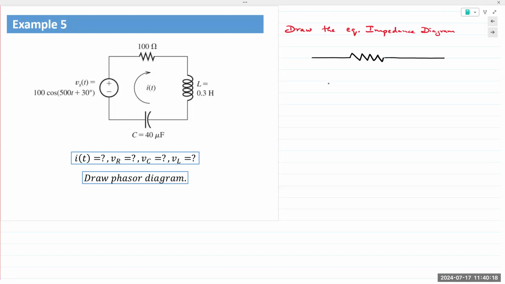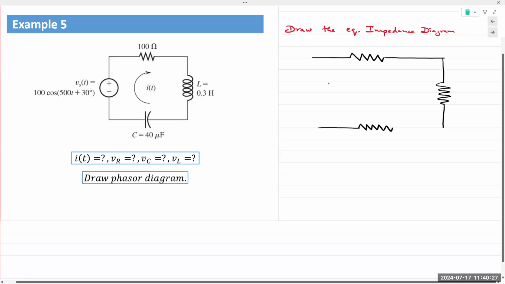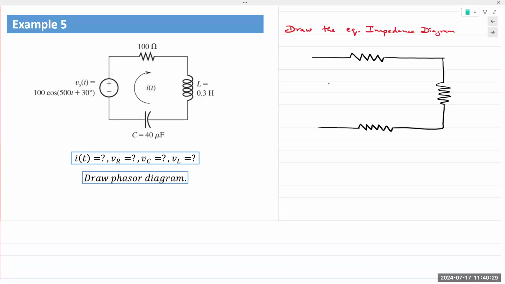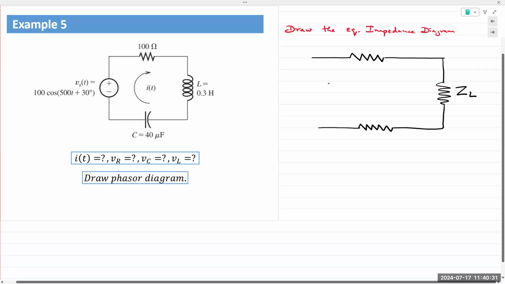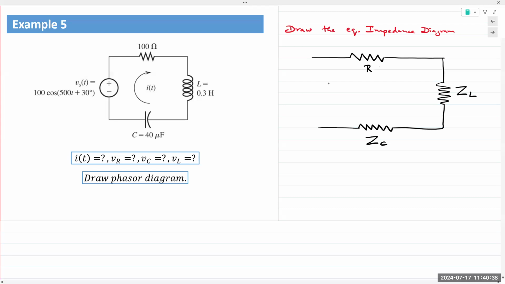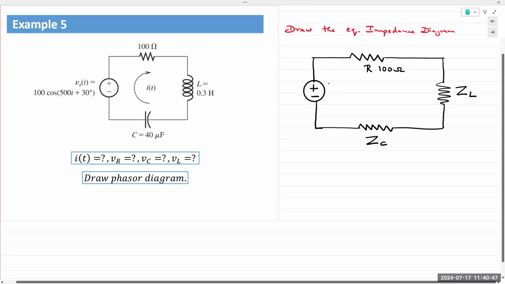I'll make this large. So the resistor is replaced with its impedance. Capacitor and inductor are also replaced with their impedances. Resistor, of course, remains exactly the same. It doesn't change. R is still 100 ohms. And then, of course, the source is replaced with its phasor. Polarity still remains the same.